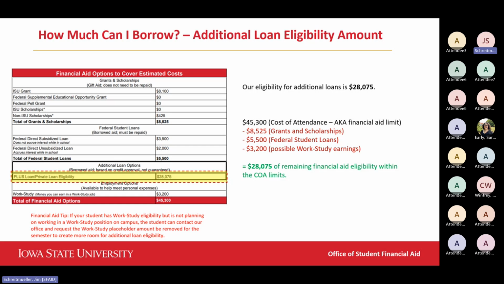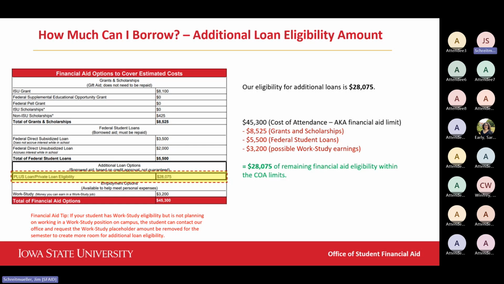So we subtract out $8,525 for the grants and scholarships, subtract out $5,500 for the federal student loan eligibility, and we also subtract out $3,200 for possible work study earnings. Subtracting these out leaves us with the remaining slice of the cost of attendance, which is basically $28,700 that we can take out without going over that COA limit.